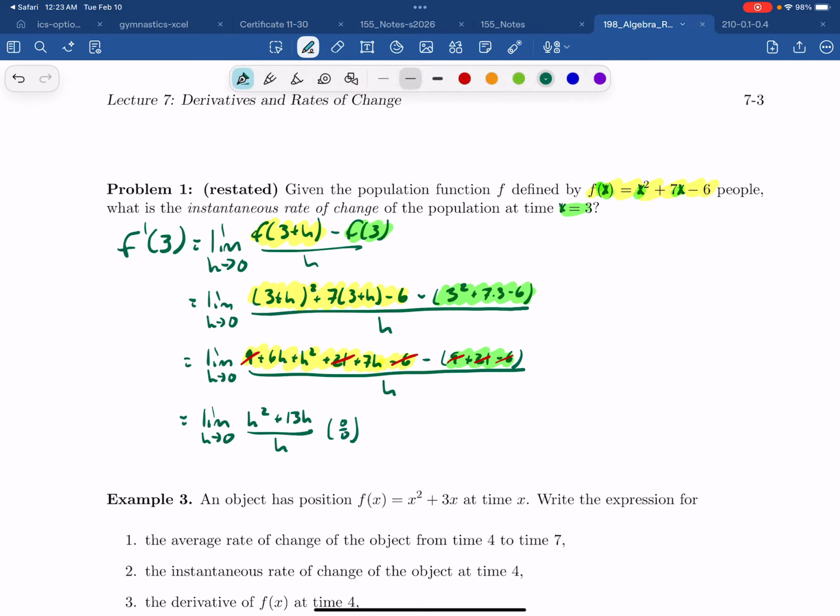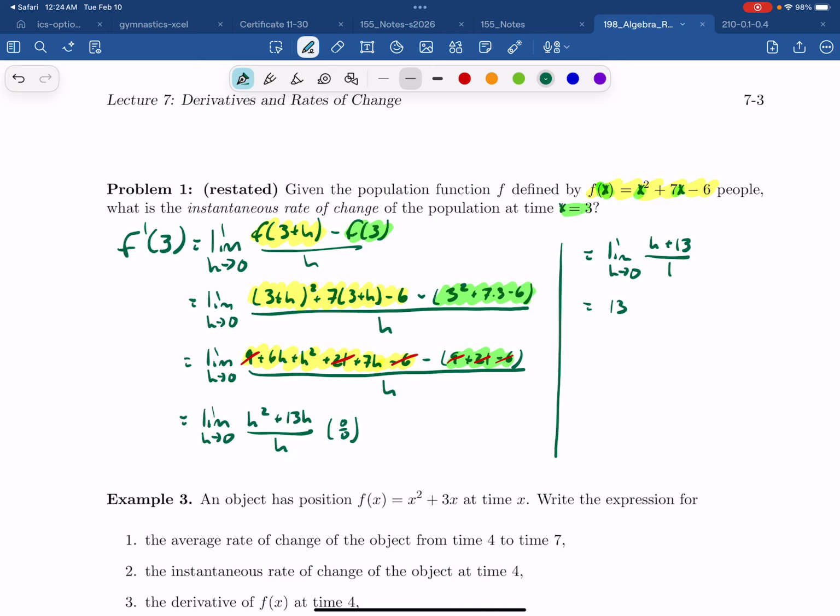But I also hope we see that we can just factor the top and the bottom, giving h plus 13 over 1. And now we just get 13. 13 people per unit of time. Sure enough, we used our standard limit techniques.